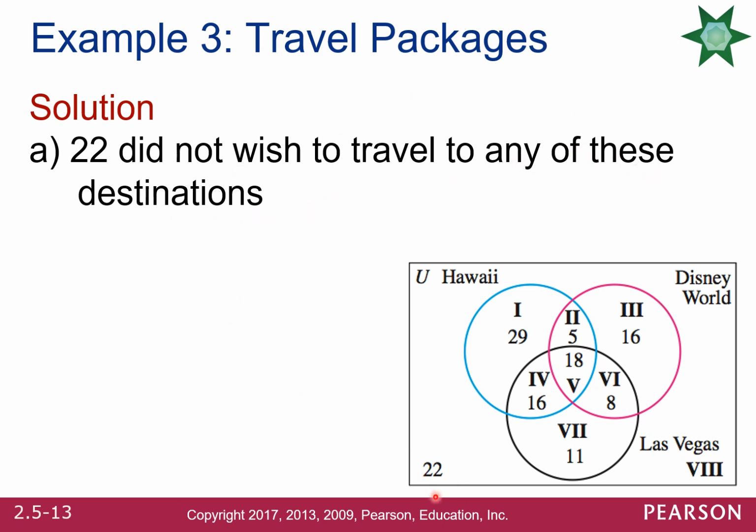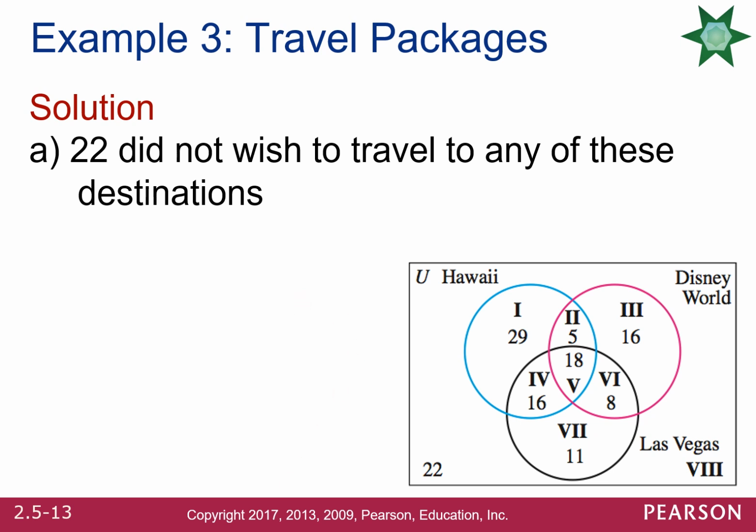That would be the number in region 8, because 22 people were not interested in any of these destinations. So 22 did not wish to travel to any of these destinations. That's the answer. Once you have your Venn diagram, you just need to pick the appropriate values that apply to the question and give the answer.